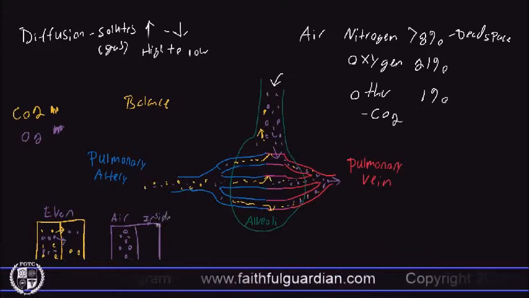This is going to be the blood that is circulating at the capillaries, and we have a very low concentration of CO2. Over here on the inside we have a very high concentration of CO2 because this just got done circulating throughout the body, and we have a very low concentration of oxygen, just what is residual and left over.